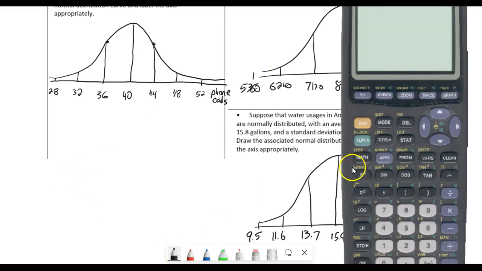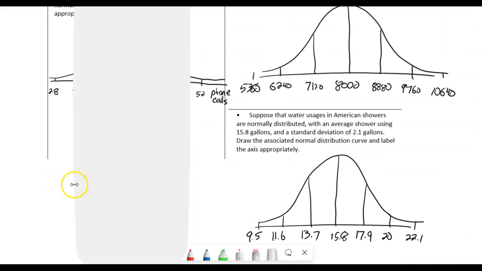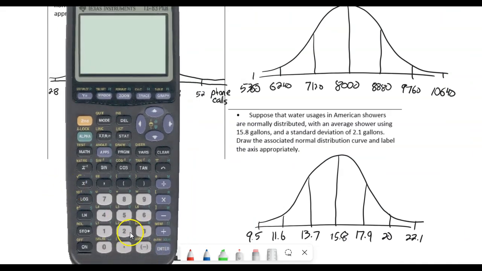So pulling up a calculator, most people have an answer button on their calculator. In this case, it's right down the bottom right. So turning on your calculator, if you type in the mean, like the 8,000, and hit enter, and then 880 is the standard deviation.